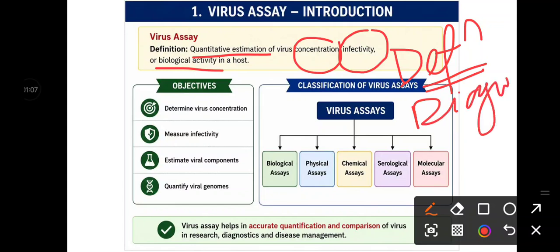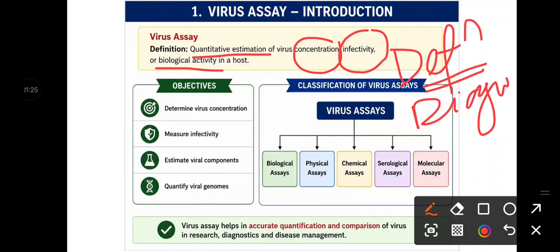Diagnosis means we will diagnose which virus it is. So detection and diagnosis means we will check whether the pathogen is a virus or not, and if it is a virus, then which virus it is.